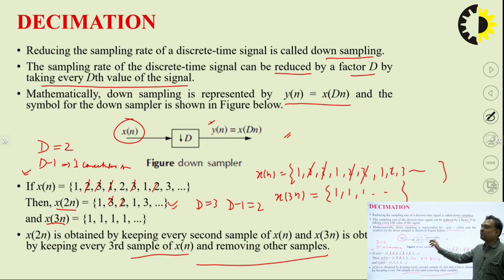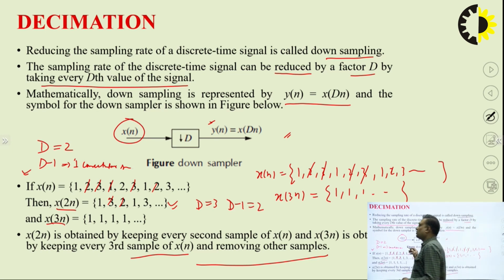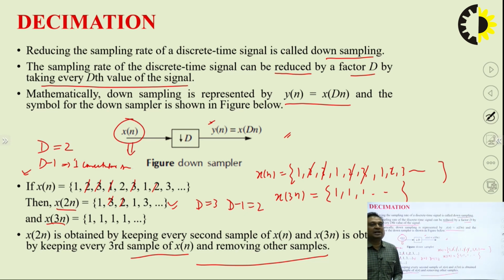But decimation will include another block along with it, because if we directly downsample the sequence, then there will be an aliasing effect. So for mitigating that aliasing effect, basically we have to band limit this signal first, and then we can perform the downsampling to avoid that aliasing.